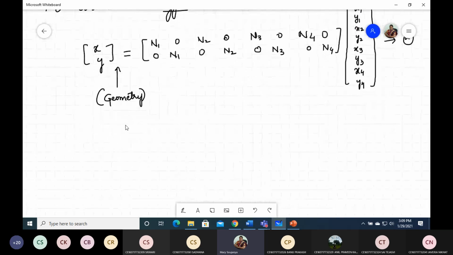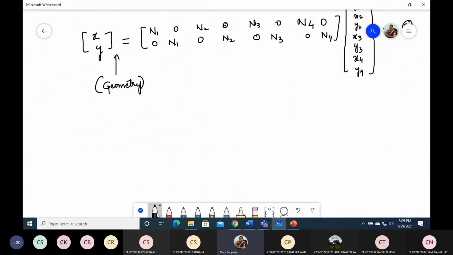Okay. Now, from the beginning, we already know what the shape function is. Shape function is the function that relates the nodal displacements to the displacements anywhere in the element. Now, at any point in the element, if the displacements have to be calculated, what is that going to be?